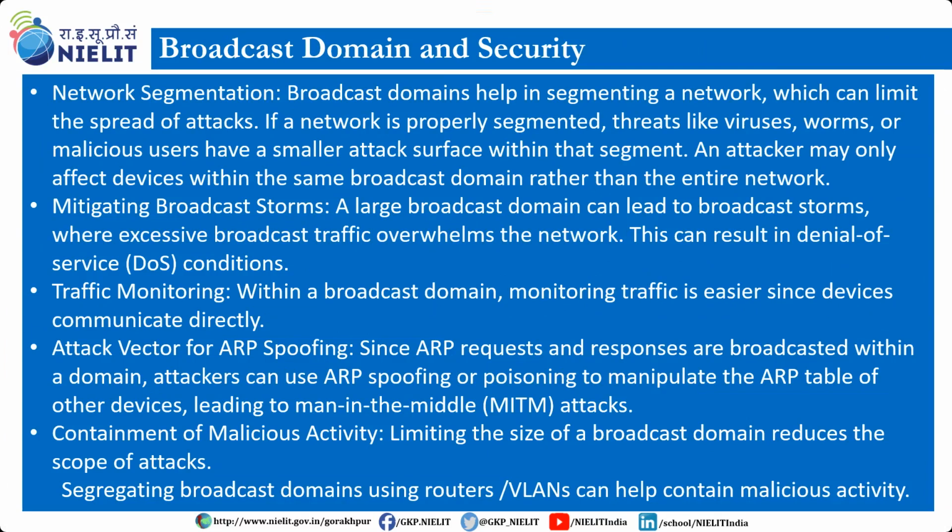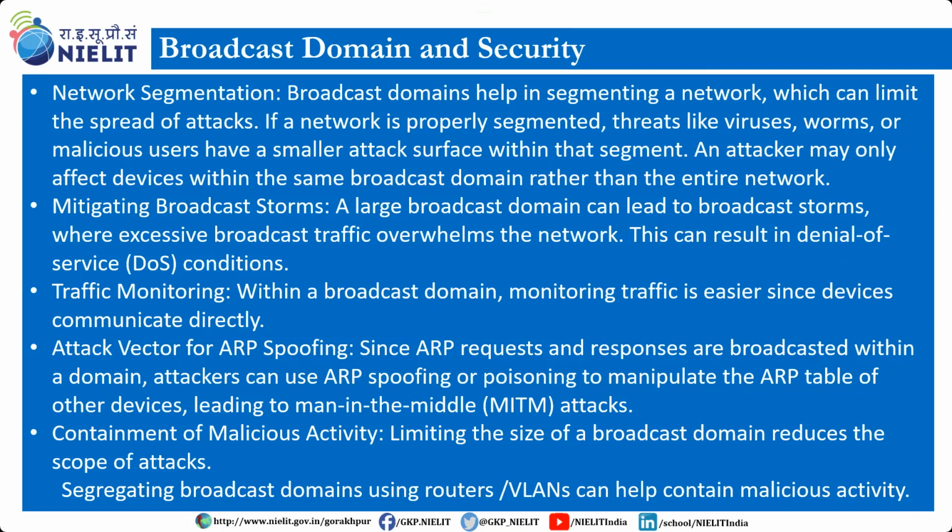Containment of malicious activity: with the help of a controlled, smaller, limited broadcast domain, you can restrict malicious activity to a particular broadcast domain only.